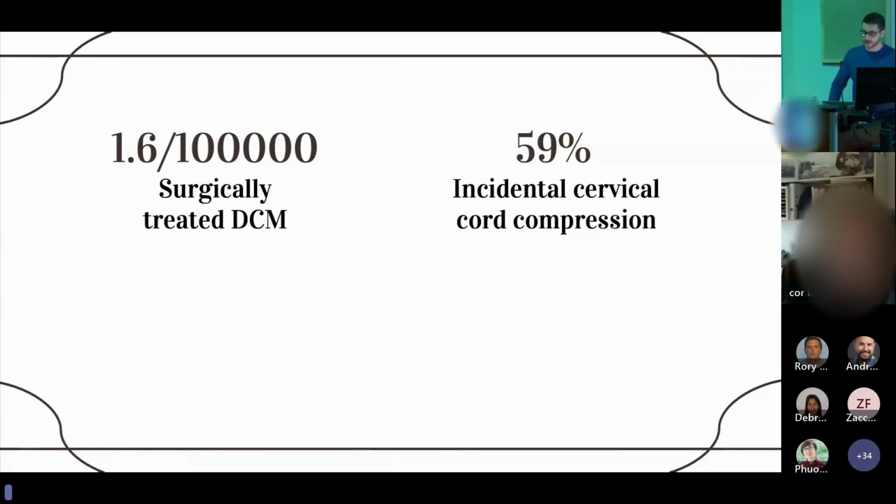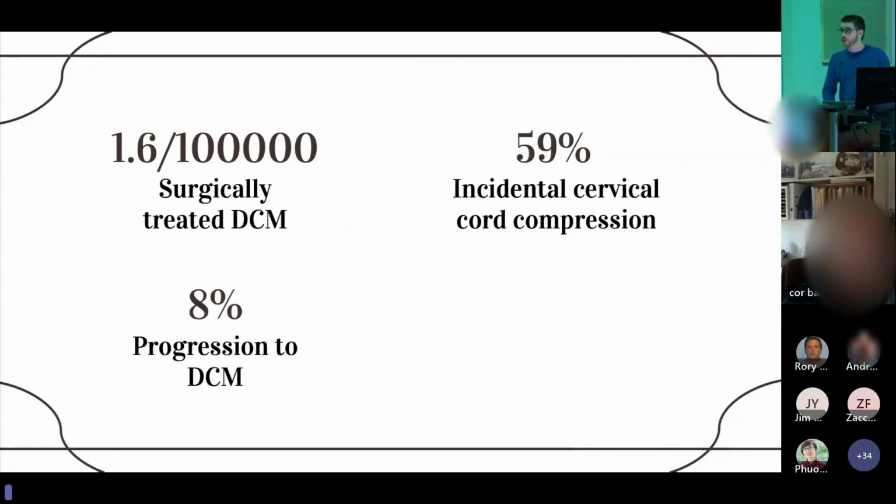Studies in healthy volunteers have shown that incidental cervical cord compression is commonly detected on MRI and becomes more common with age. In a series of randomly selected volunteers aged 40 to 80, incidental cervical cord compression was detected on MRI in 59% of individuals. And if you looked at just the 8th decade, this increased to 2/3, and only 2 of these individuals had reported symptoms.